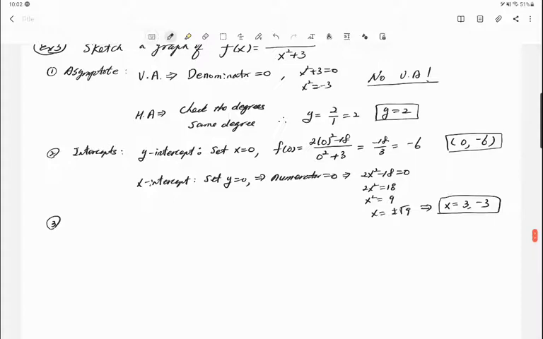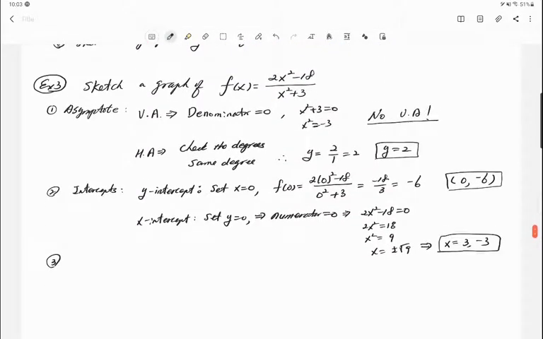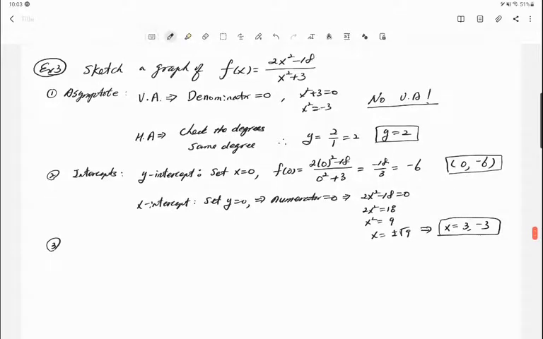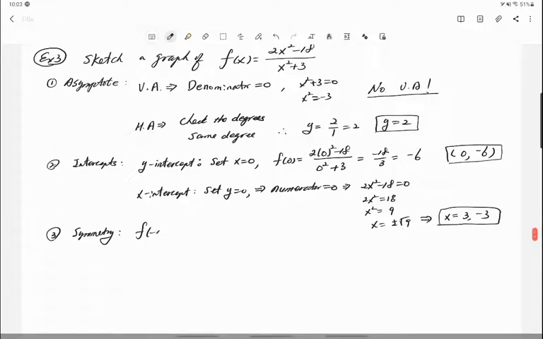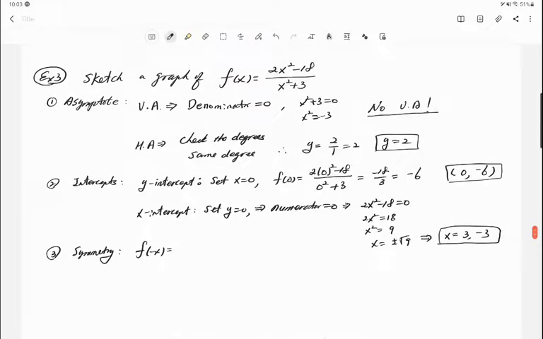And then number 3 is the symmetry. Let's plug in negative x. Look at this: the base is x and the power is 2.